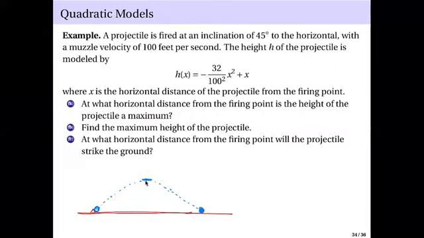So you are asked to find the value of x in here. That's for letter A. At what horizontal distance? From here up to this. So this is x units, and this is what we want to find. If we look at this as the graph of a parabola, then this particular point here will have coordinates x, h of x.